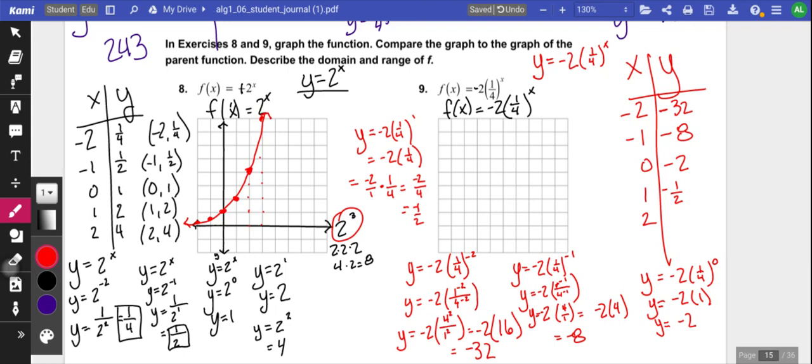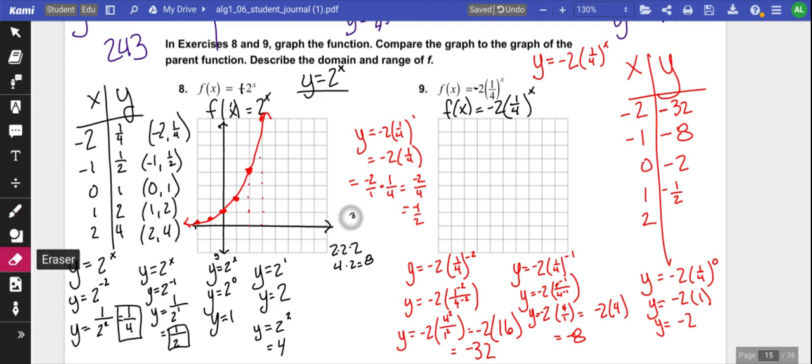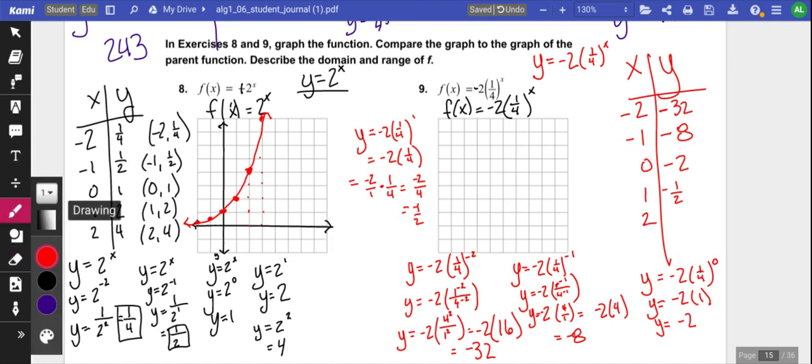Same deal, I'm going to erase this over here, that to the third. Give myself some room. All right, so y is equal to -2 times 1/4, all squared. Okay, so I'm squaring both of these. I'm squaring the 1. I'm squaring the 4.